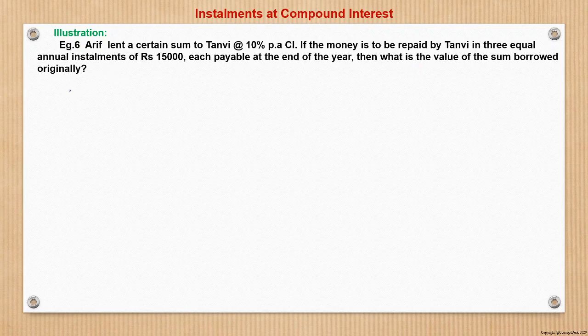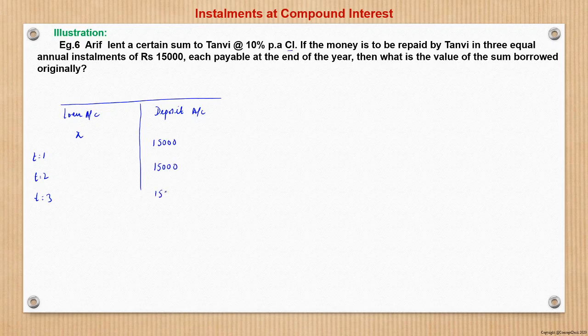So let the sum borrowed be, loan amount is X, and deposit amount, annual installment, 3 annual installments. So T is equal to 1, T is equal to 2, T is equal to 3. Annual installment of 15,000 at compound interest, 15,000 and 15,000.